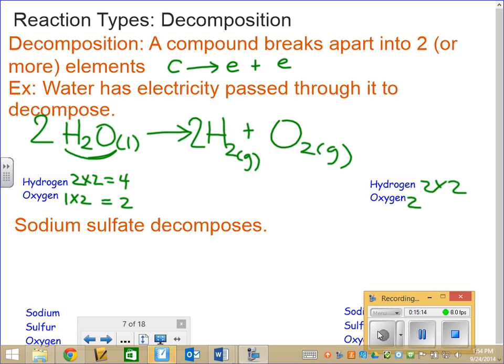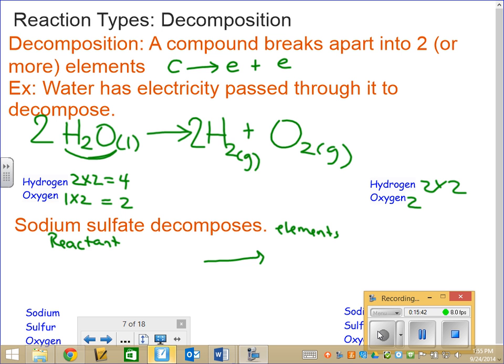Now that's a simple example where I just had two elements. My other example is something that has a polyatomic ion, because I'd like to say something about it. When sodium sulfate decomposes, that means that sodium sulfate is my reactant, and then I'm going to have some elements as my products.